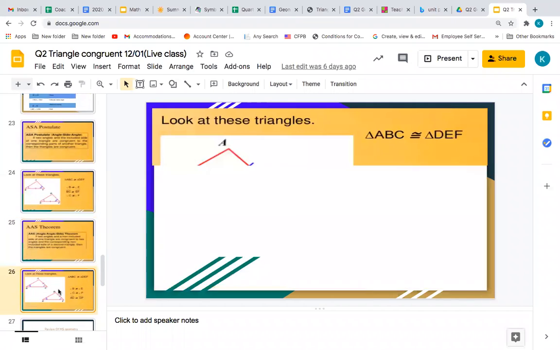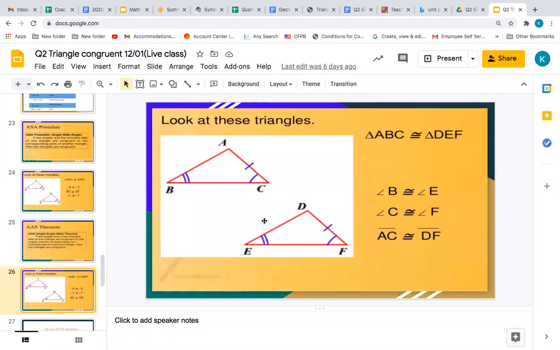So if you look at these two triangles, it doesn't matter. Even if you have the included side, it's congruent, it's good. Even if you don't have it, if you have two angles congruent in two triangles plus a non-included side, but it has to be corresponding.